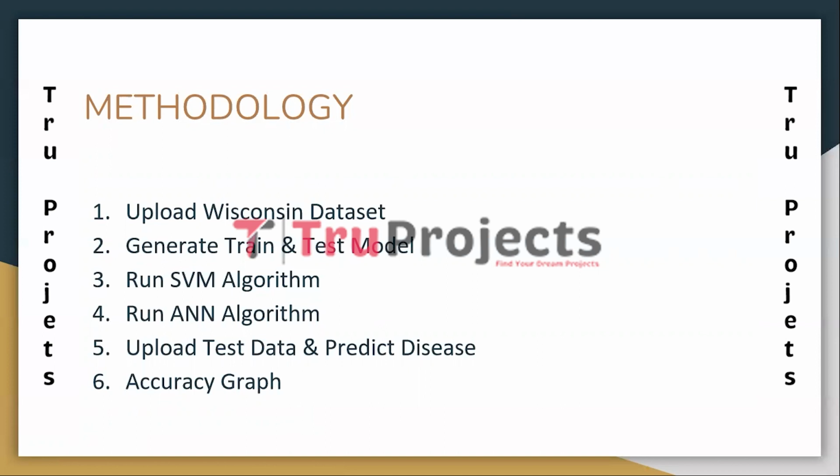And the fourth module is run ANN algorithm. In this module, the artificial neural network algorithm, a computational model based on the structure and functions of biological neural networks, trains the ANN model using the training dataset and an appropriate algorithm. The ANN model will learn from the input-output patterns and make predictions based on the learned patterns.